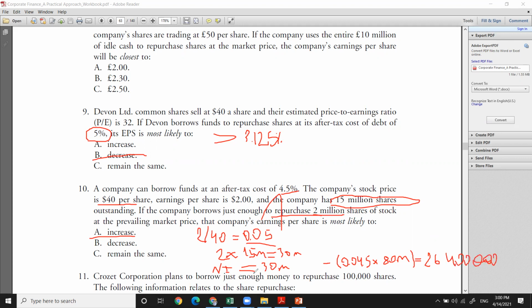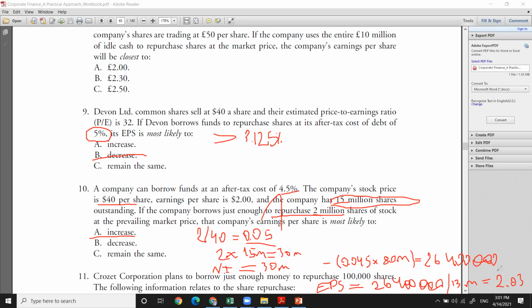And after that, we can find the EPS after buyback. 26,400,000 divided by the number of shares outstanding after, so it's 15 minus 2, 13 million. So 26.4 million divided by 13 million is 2.03.